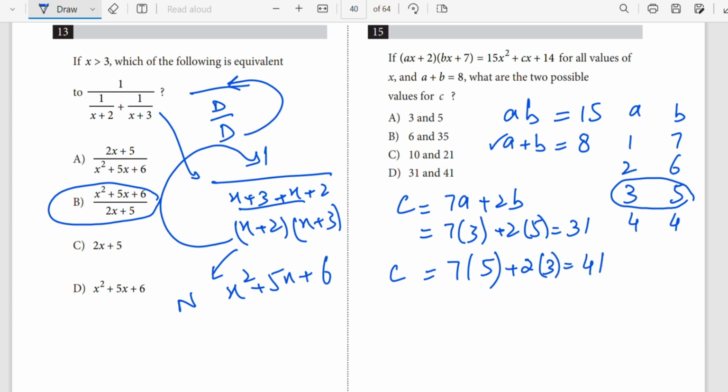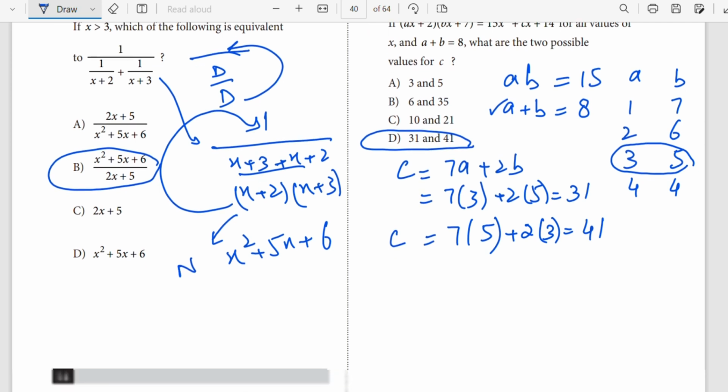So this is another option. Here you can calculate the answer is D. There are a lot of other options by which you can easily calculate which one is the answer.